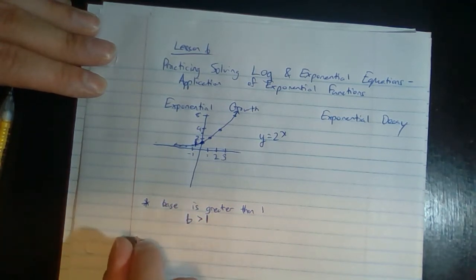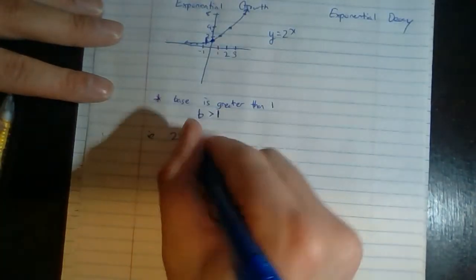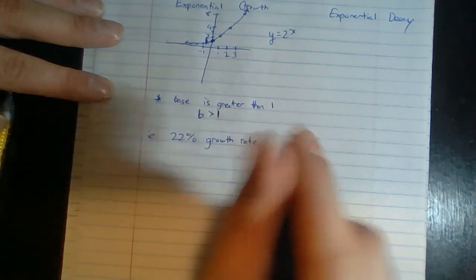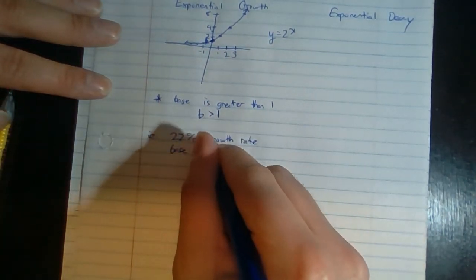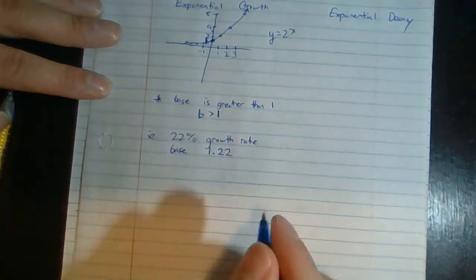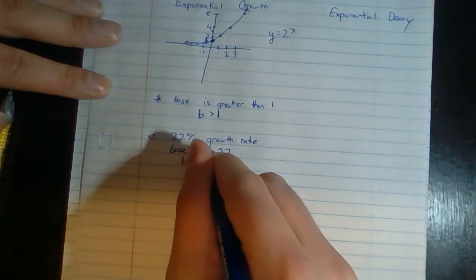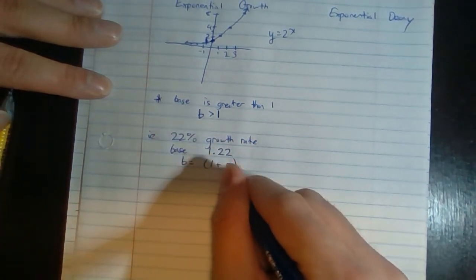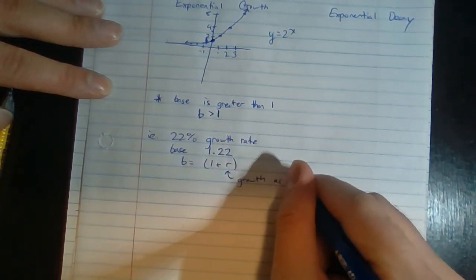For instance, if we have a 22% growth rate, that corresponds to a base of 1.22. So our base is 1 plus r, where r is the growth as a decimal.